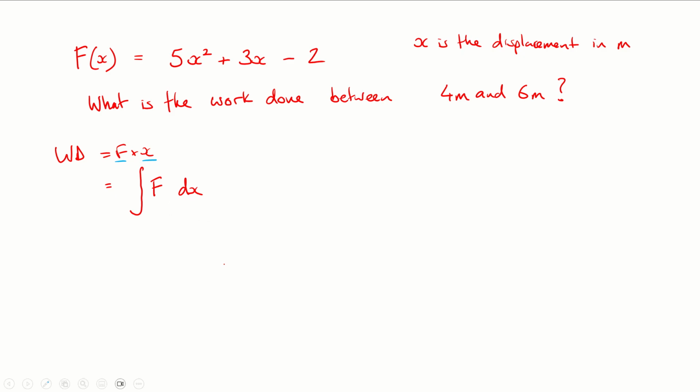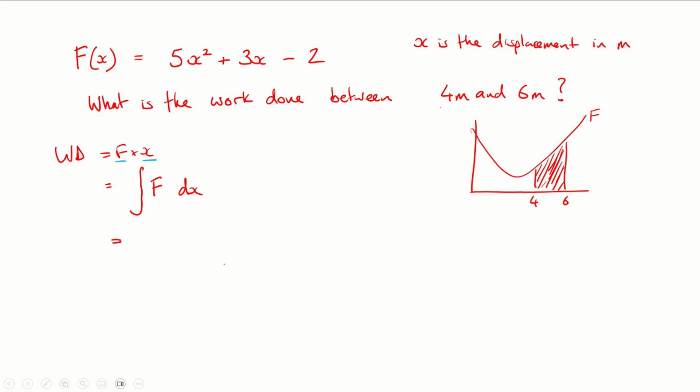Here we want to integrate force with respect to x, and we've got some limits as well. Let's try and picture what this might look like. So maybe we've got something like this. This is our force curve, and I want to know the area under the curve, but between x equals 4 and x equals 6.